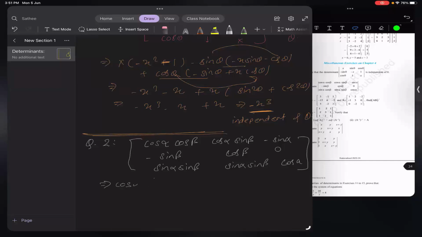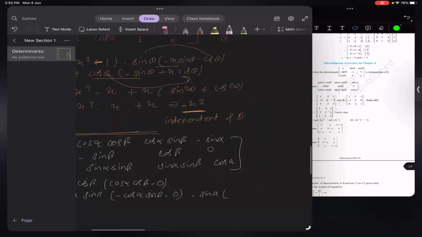So this is cos alpha cos beta, and in the bracket there will be cos alpha cos beta again. So this will be cos alpha cos beta minus 0. Okay, and now this would be minus of cos alpha cos beta, cos alpha sin beta of minus of cos alpha sin beta minus 0, and this will be minus sin alpha.